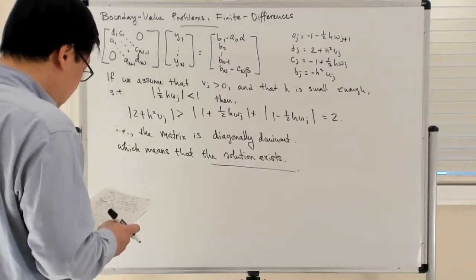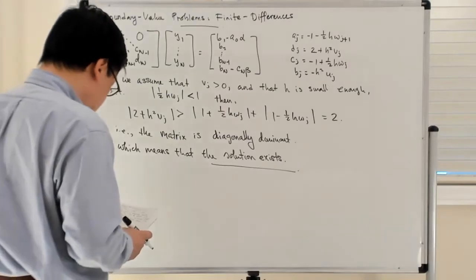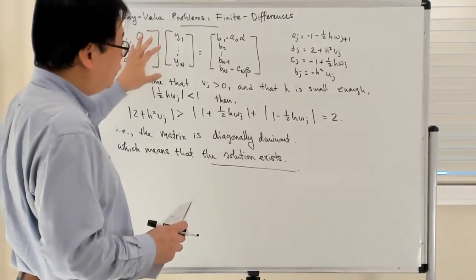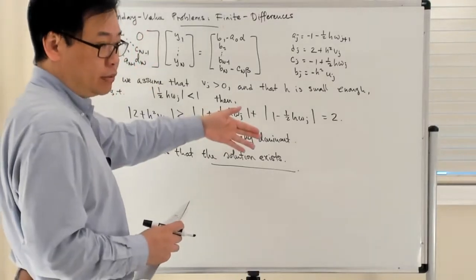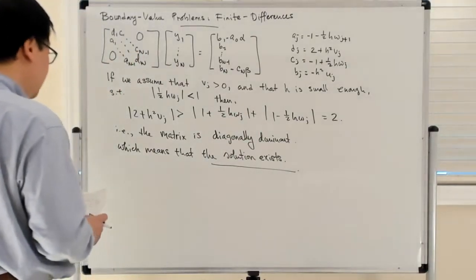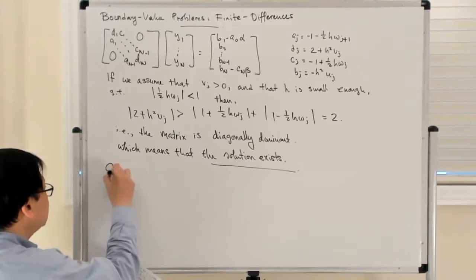And now you still have to ask whether the solution of that linear system of equations is going to converge in some appropriate sense to the solution of the original boundary value problem. So that's the second question we'd like to ask, which is convergence.